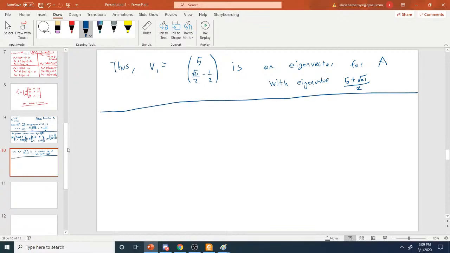So now I have to find an eigenvector associated with the other eigenvalue. So the eigenvectors associated with lambda 2 equals 5 minus the square root of 21 divided by 2.